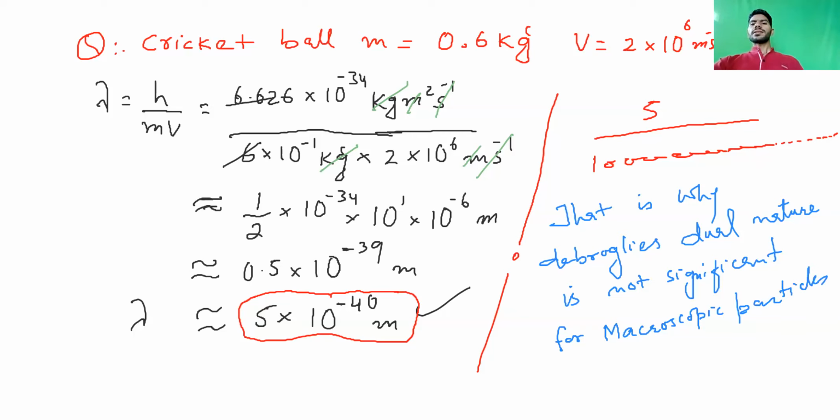It is only significant for microscopic particles, which are very small. We are having the electron, the proton, the neutron. For these, it is significant, but it is not having any significance for macroscopic particles, that means which are very big particles. So got it here? Have you noted down this?